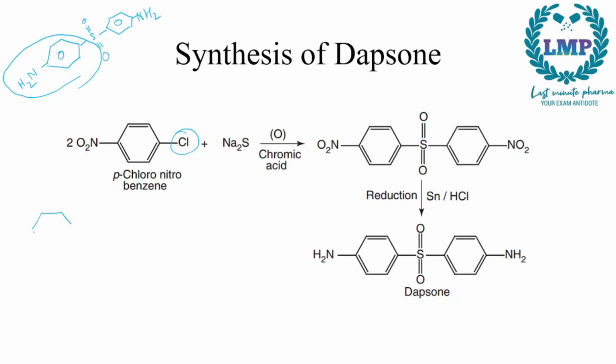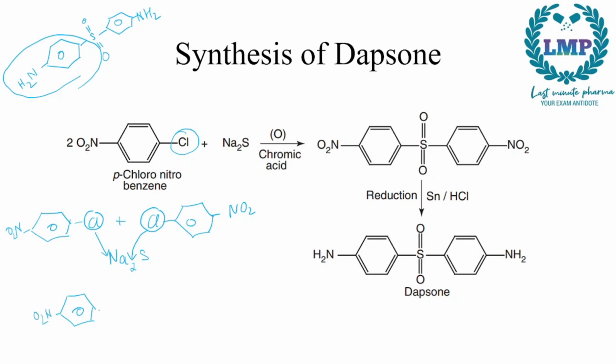So how it will happen is these are your two molecules of p-chloronitrobenzene. Now when you add Na2S, which is sodium sulfide, one chlorine will attach to one sodium, the other chlorine will be attached to the second sodium. So there would be production of NO2, sulfur will be attached right here, and it will attach both the benzene rings.